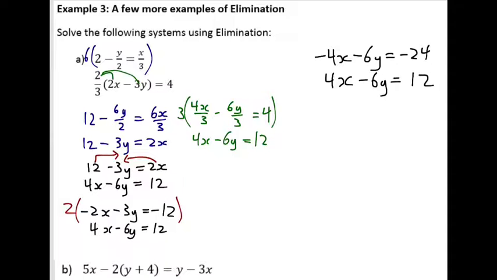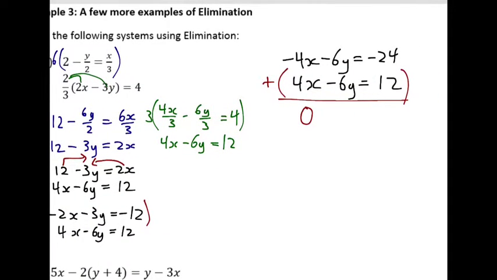Okay, so let's add these two equations. So negative 4x plus 4x is 0. Yes, we eliminated. That's what we want. Negative 6y plus negative 6y, be careful. Negative 12y. And negative 24 plus 12 is negative 12.